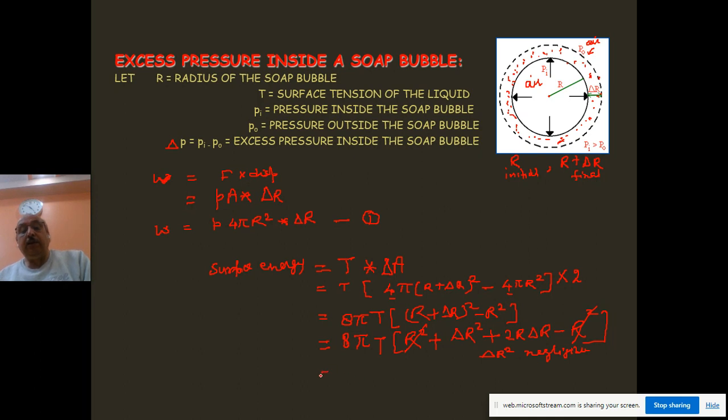That's why we are getting the surface energy equal to 16 pi T R into delta R. This surface energy comes from the work done by the excess pressure, so we may equate these two.